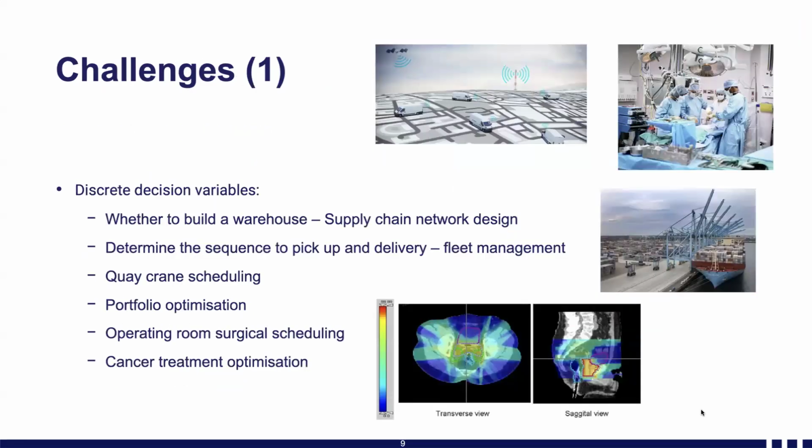But in these areas, we all recognize that there are so many challenges when it comes to optimization problems. The first challenge which I see is discrete variables. For example, when we solve combinatorial optimization problems, there are a lot of discrete variables, sometimes binary, sometimes integer variables that we try to optimize.